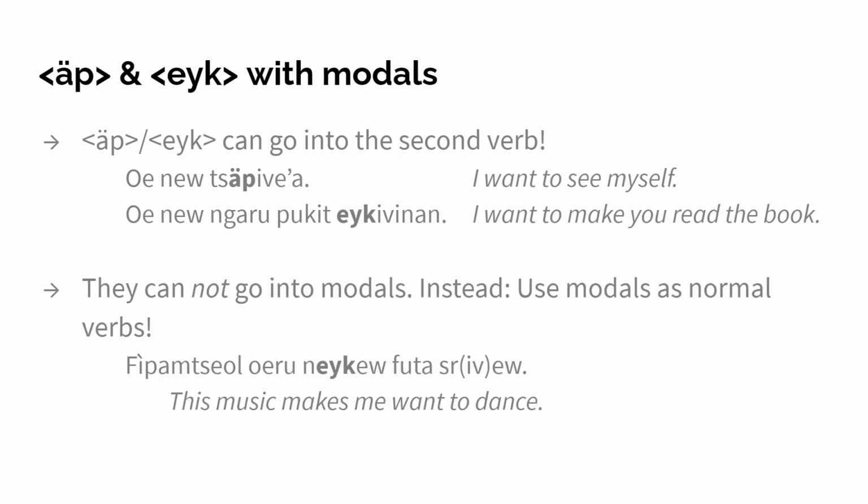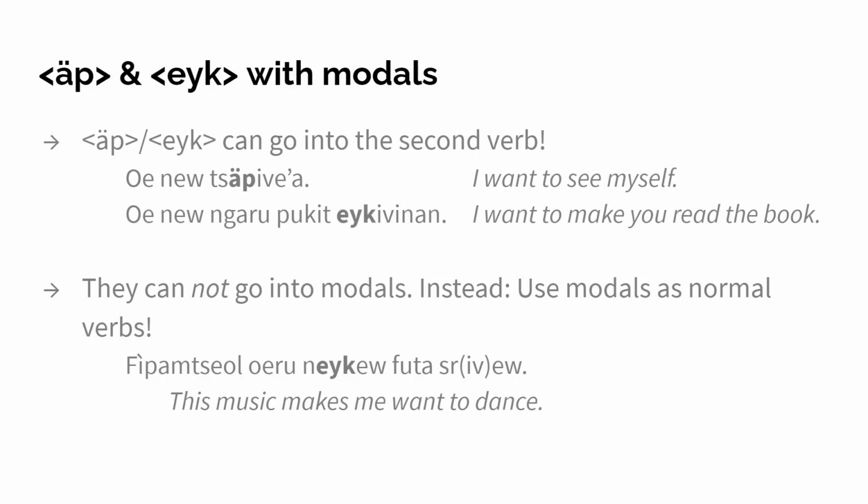However, they cannot go into modal, so you cannot put ab and eik into a modal verb. An example where this would be needed would be something like, this music makes me want to dance, so nekeo causes me to want. And maybe the first instinct would be to say something like fepamtsiol ueti nekeo sriveo, but that's not possible. Instead, you can do it like I showed here.